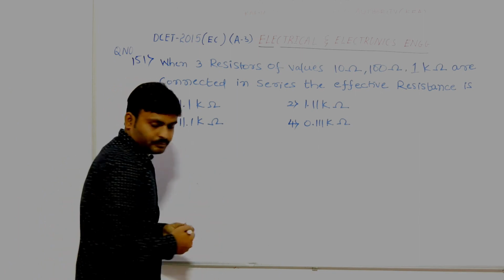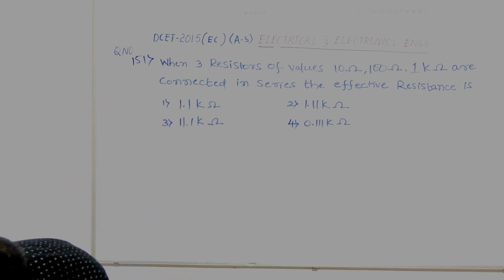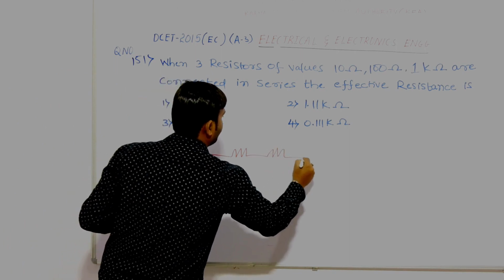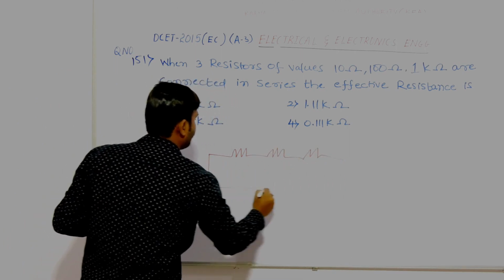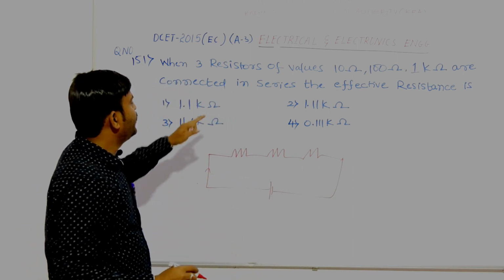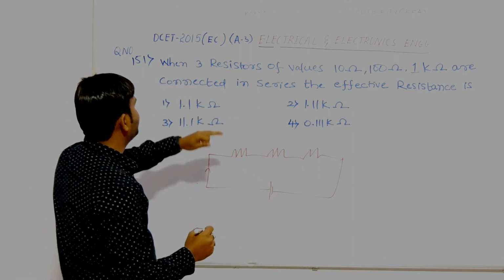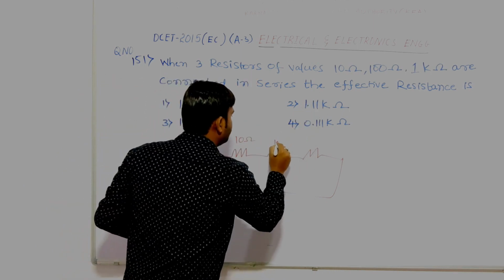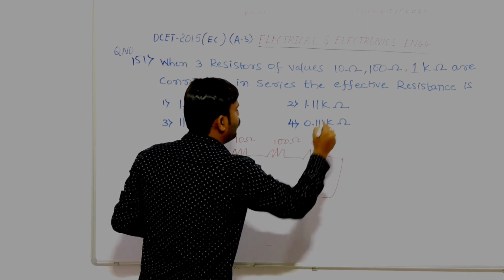See, three resistors are connected in series. Which are they? 10 ohm, 100 ohm, 1 kilo ohm.